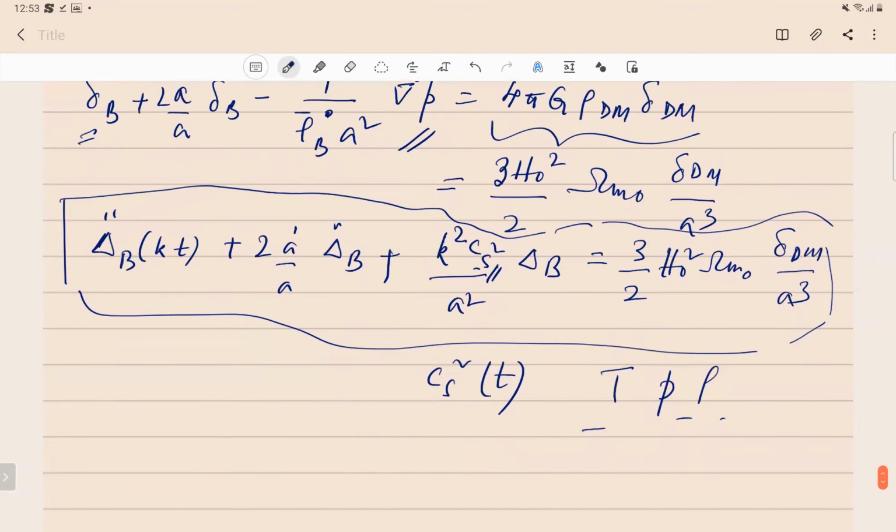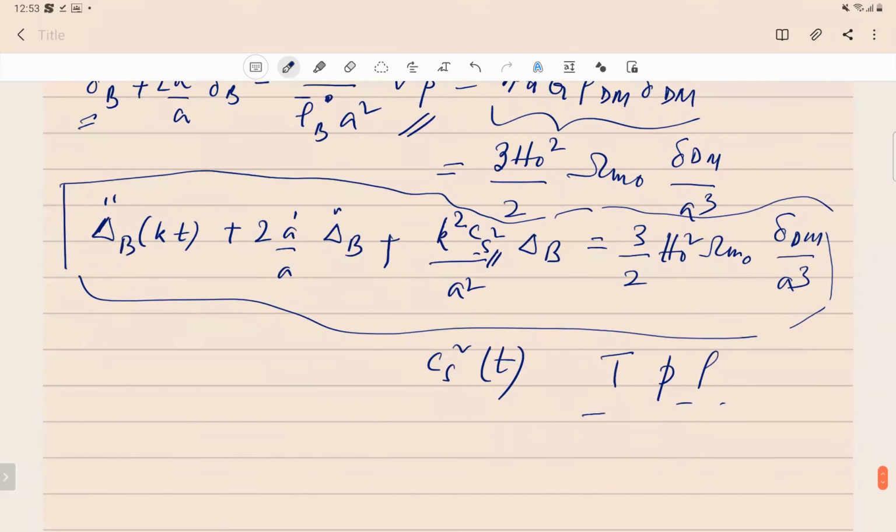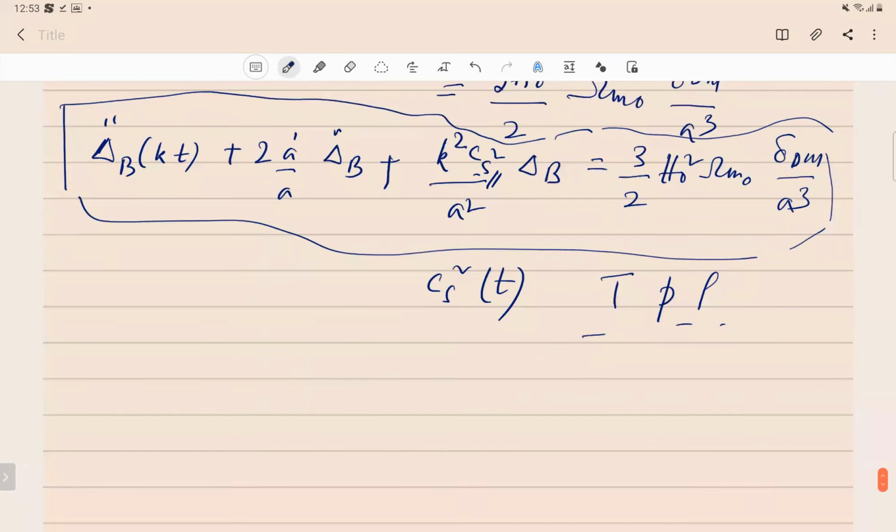So now it turns out that I can rewrite this. Now I can introduce this co-moving Jeans scale. Now remember, this x_J was c_s by root 4 pi G rho bar, right? So what we do is we introduce the co-moving one, so we can just divide it by a, and you call this x_J, okay?